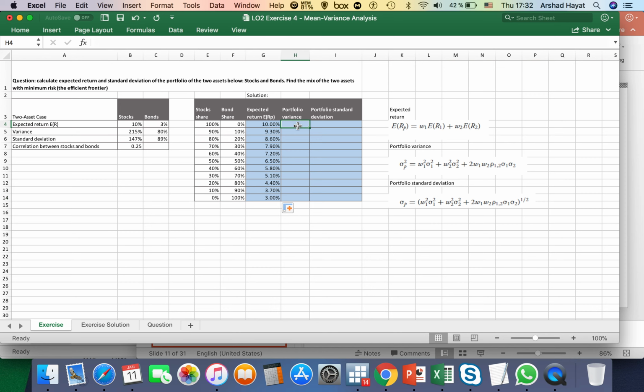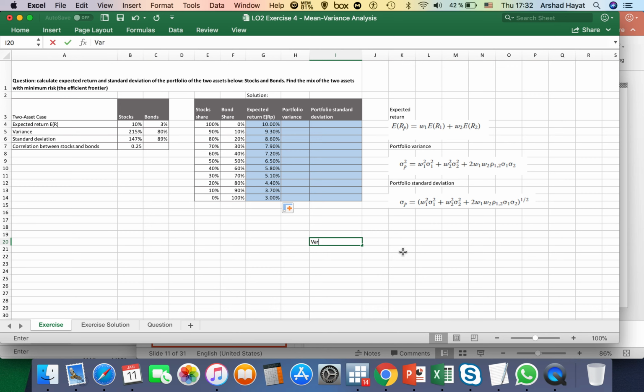Now, if we calculate the portfolio variance, the formula is like this. Variance has some properties.